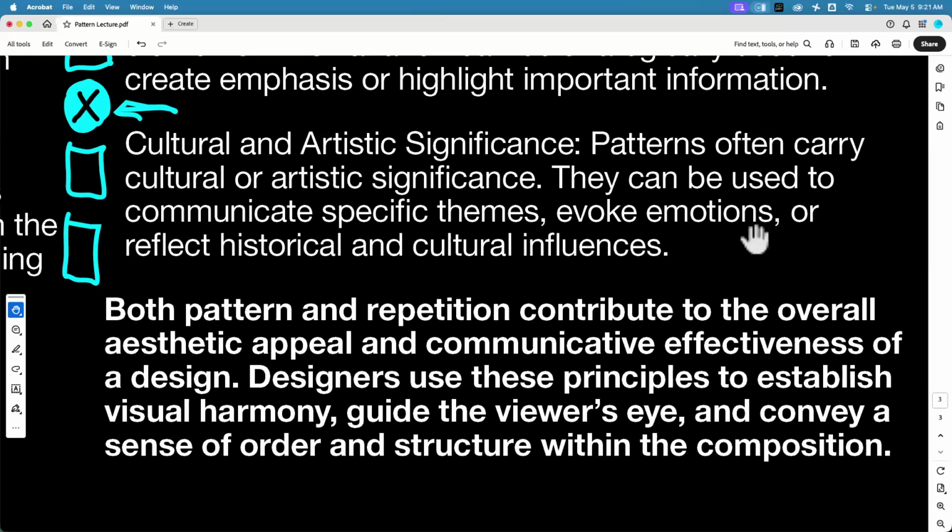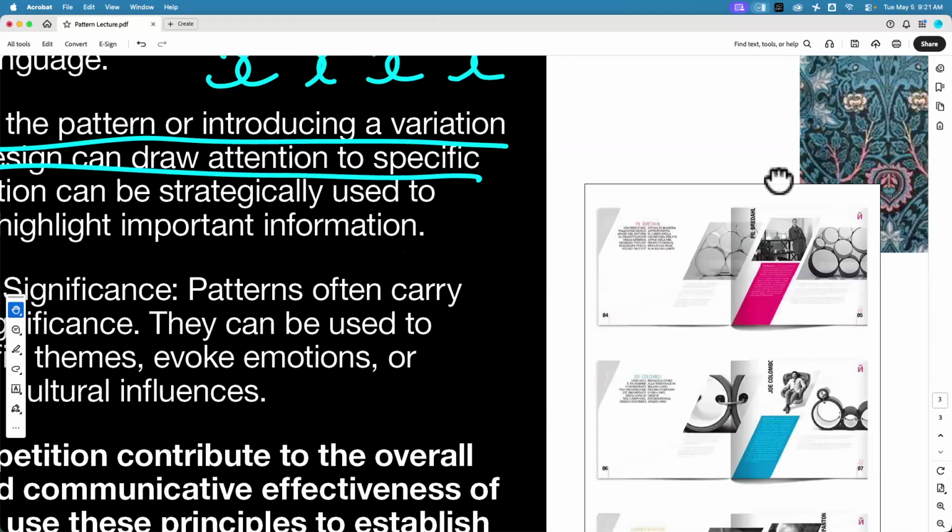I was trying to think of something really obscure, like hummingbirds, but they're all over the place. No, but I think hummingbirds are only in North and South America. I don't think they're in Europe. So we might have hummingbirds in our patterns or an abstract hummingbird, but they might not be in Europe because they don't know what a hummingbird is. They didn't grow up with that for thousands of years.